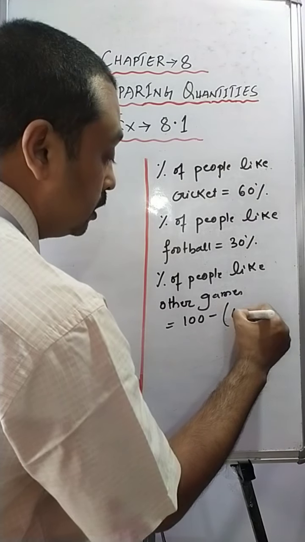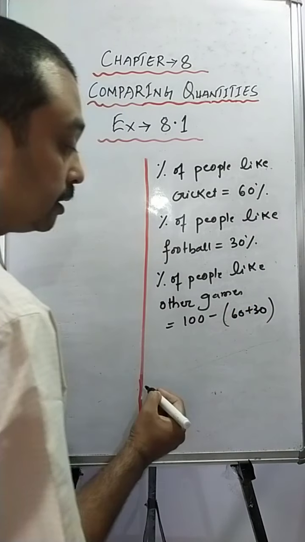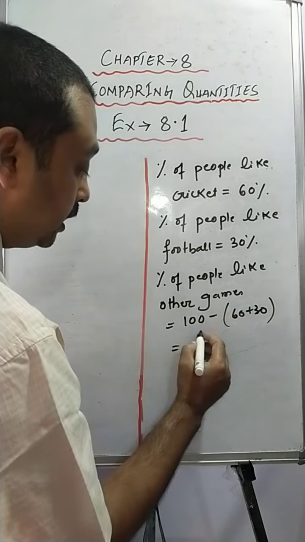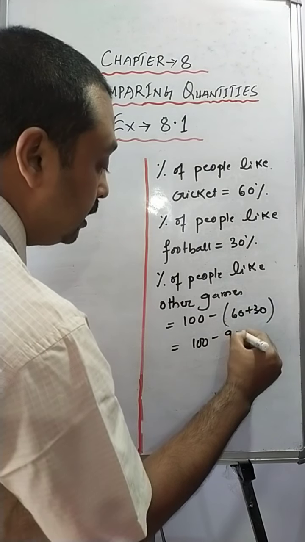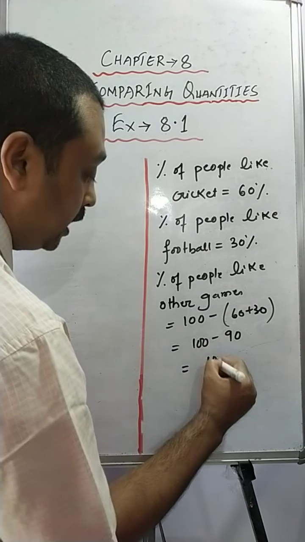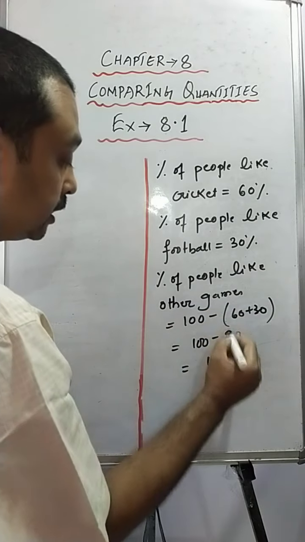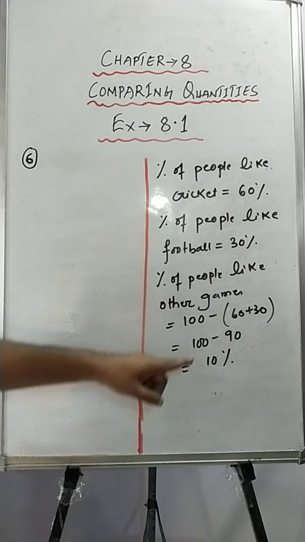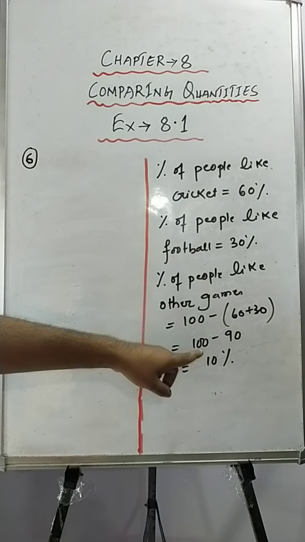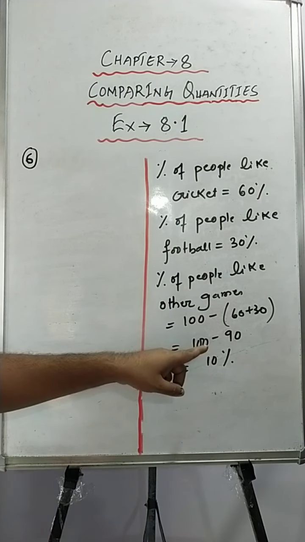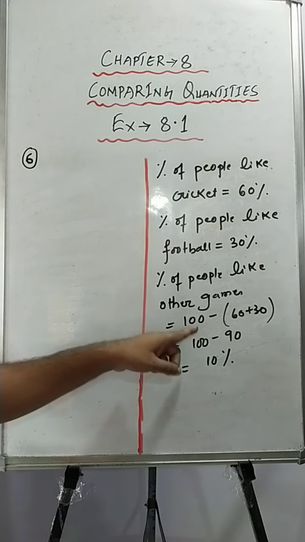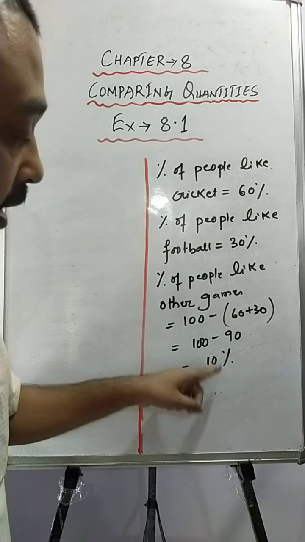So what to do? 60 plus 30. Now the sum of 60 and 30 is what? 90. So 100 minus 90 is what? 10. So the percentage of people who like other games is 10%. So this is the first answer. This was the first question, and we have already answered that the percentage of people who like other games is 10%.